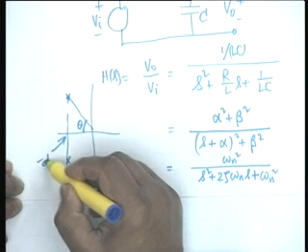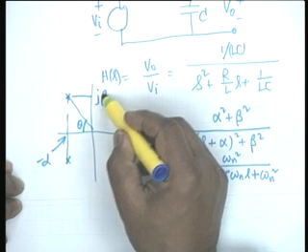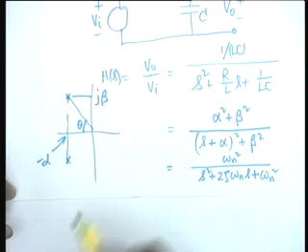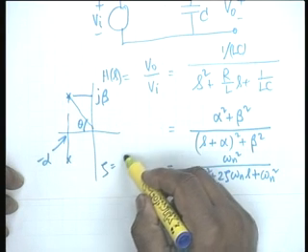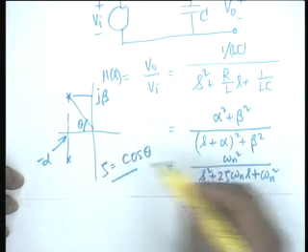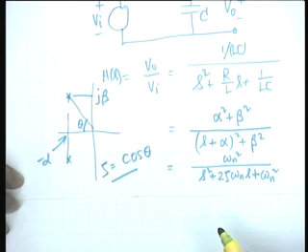This is minus alpha and this is plus j beta. Theta is defined as the cosine of this, zeta is defined as the cosine of this angle theta. These are the three different forms for representation of the same transfer function.